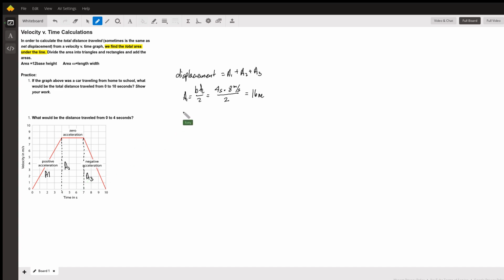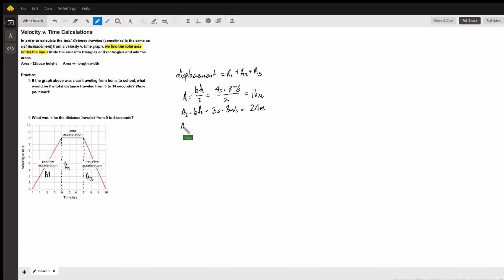The area of the rectangle is easy, it's just base times height. In our case, the base is 3 seconds, and the height is, again, 8 meters per second. So we're getting 24 meters.